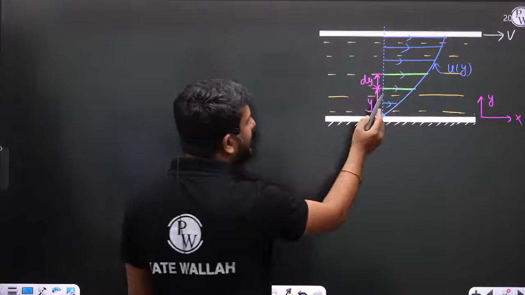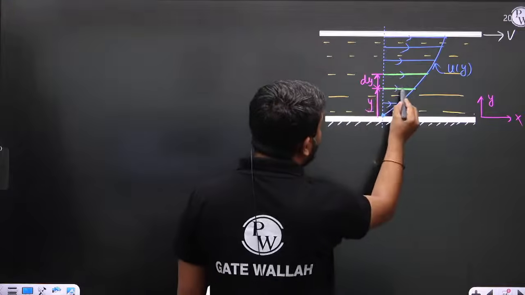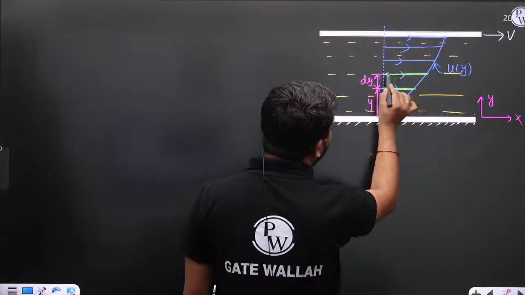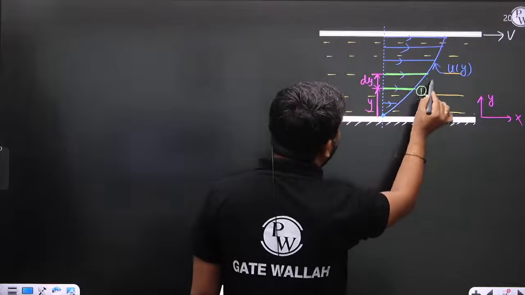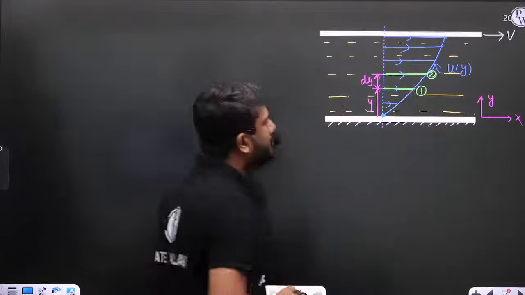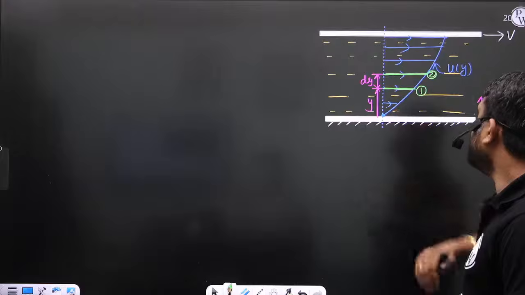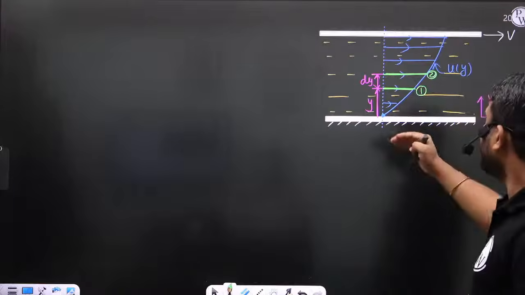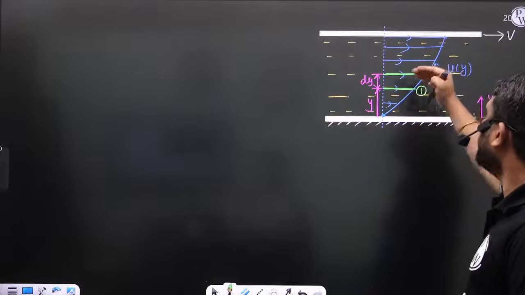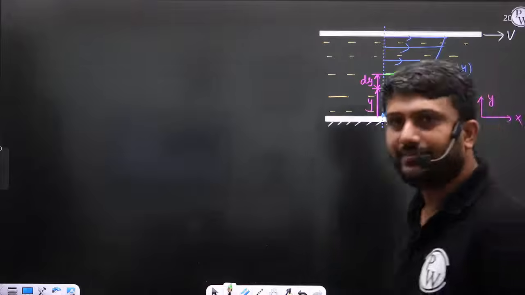At a distance y from the bottom plate, I am considering this layer, and at a distance y plus dy, I am considering another layer. Let us consider this is dy. Let us consider this is layer number 1 and this is layer number 2. The first layer is at a distance y and the second layer is at a distance y plus dy.